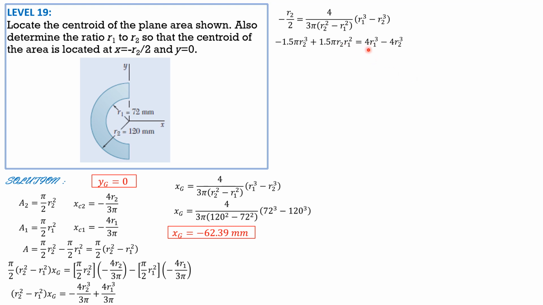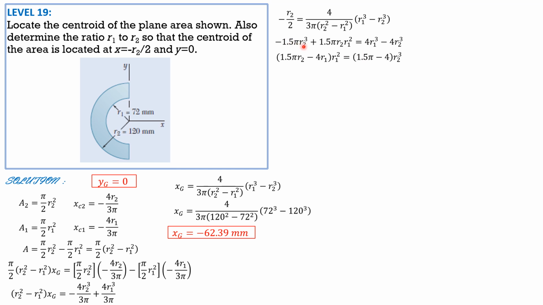So for these two terms, factor out R1 square, and we'll have quantity 1.5 pi R2 minus 4 R1, times R1 square for these two. Then for these two negative terms, put this to the right and factor out R2 cube.